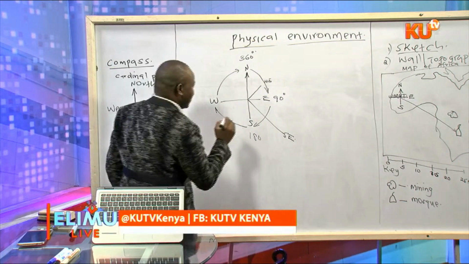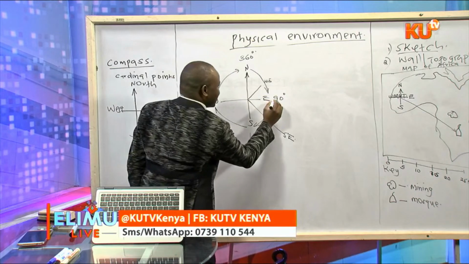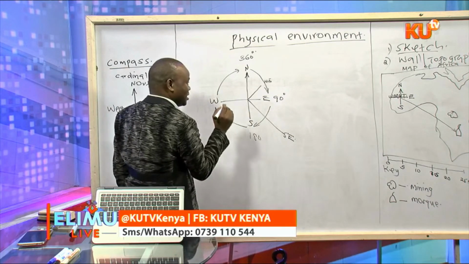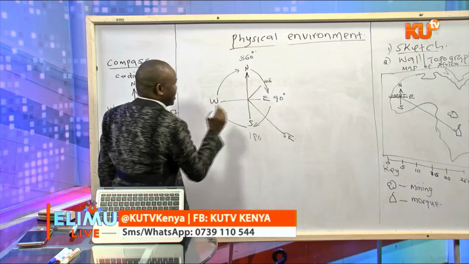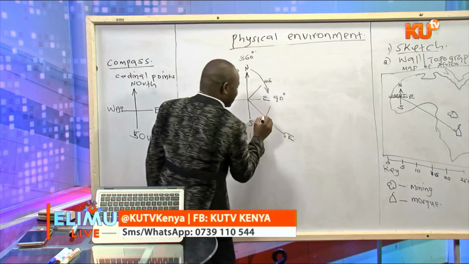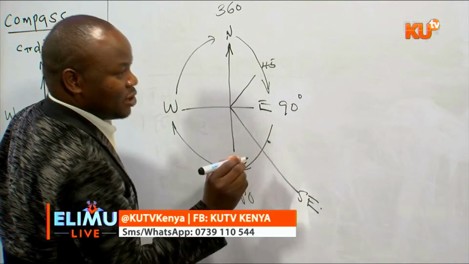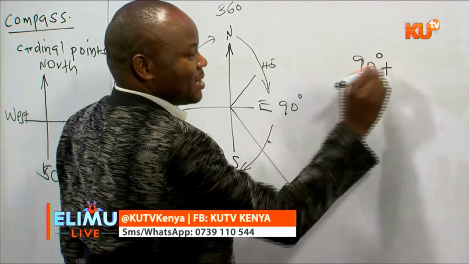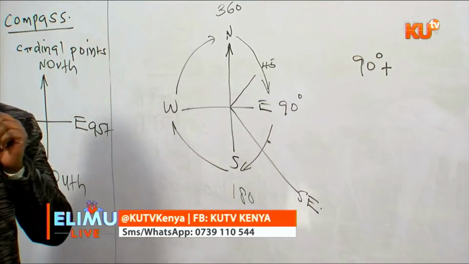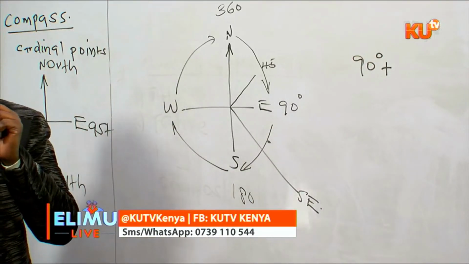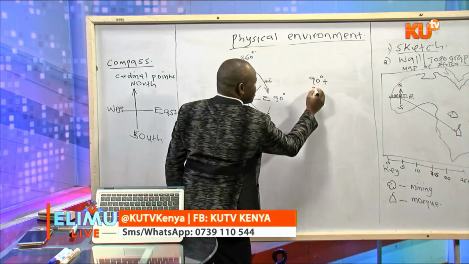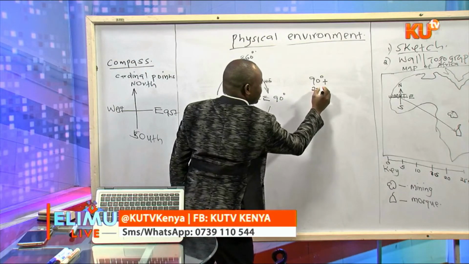When you take this person at 90 who covers 22 degrees clockwise, he is going to rest somewhere here. You take 90 degrees plus the 22 degrees that the person has covered.